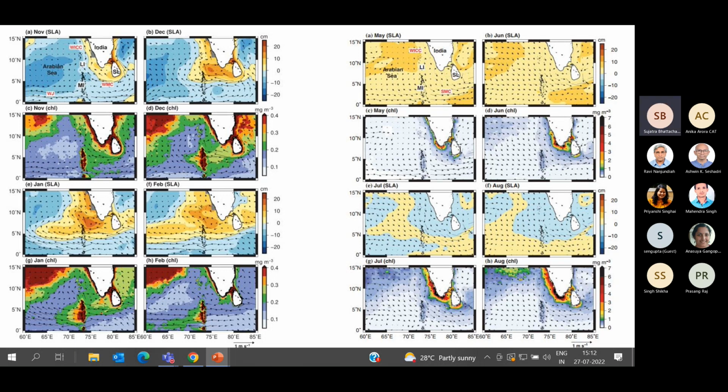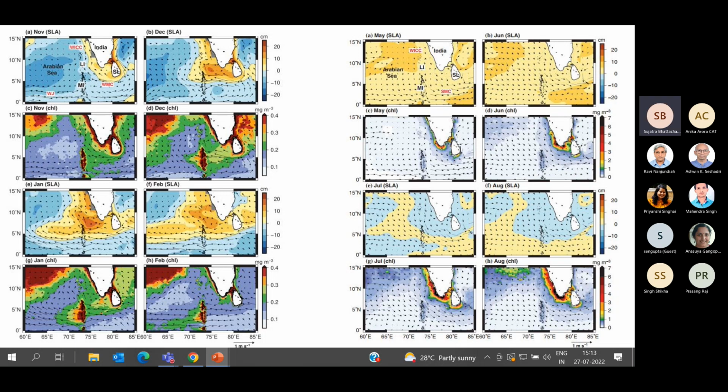One thing to notice here is that most of the chlorophyll concentration is along the coastal region, near the coast of India, Sri Lanka, and Lakshadweep Islands.